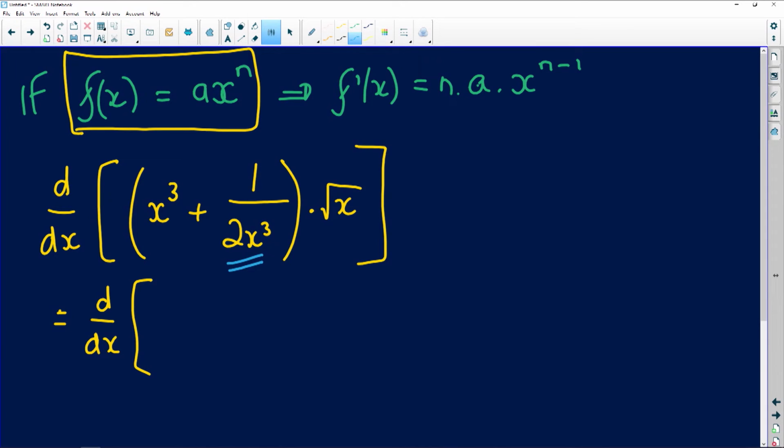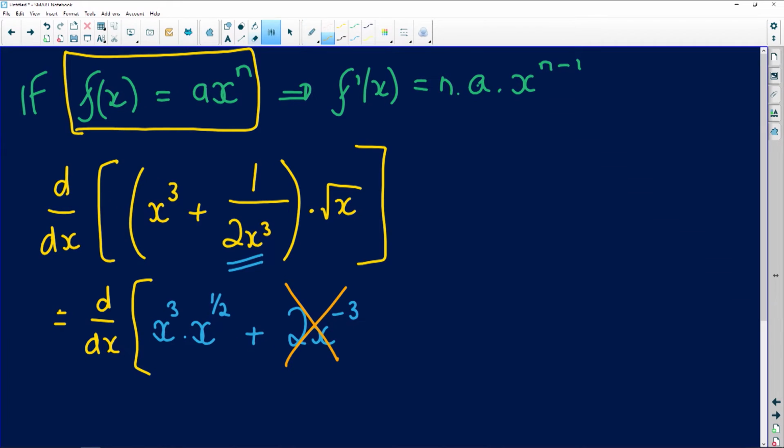Let's see how we can do this. This stays x to the power of 3. This is multiplied then by the root of x, which is x to the power of a half, plus. Now, folks, this is not 2x to the minus 3. If you do that, you fell into the trap. The 2 remains in the denominator.